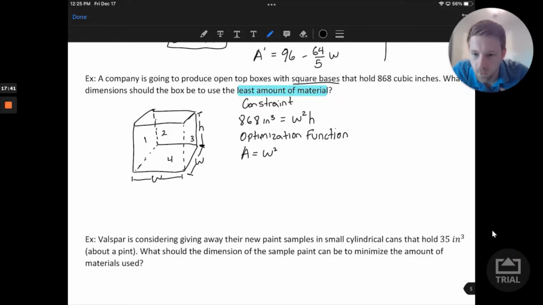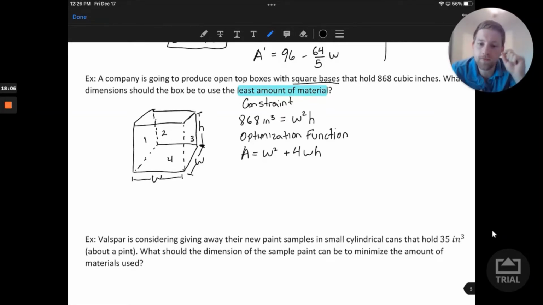There's really four walls to the sides, and each of those have dimensions of W times H. So we can add to this 4 times W times H. That would be the vertical surfaces. And that would really give us the whole surface area of that open-topped box.